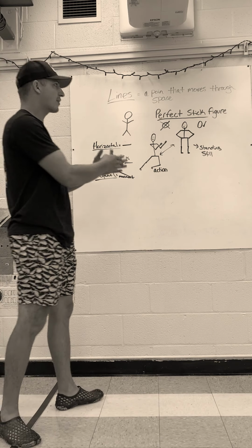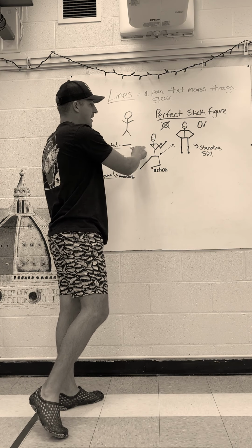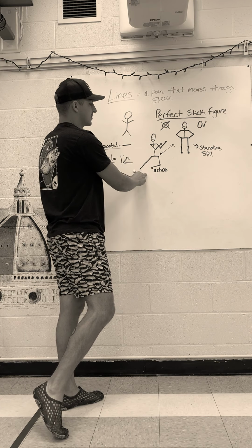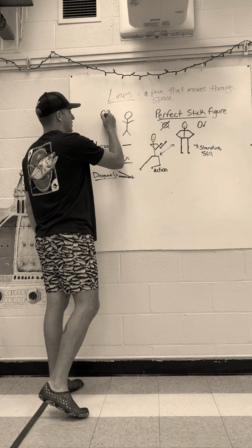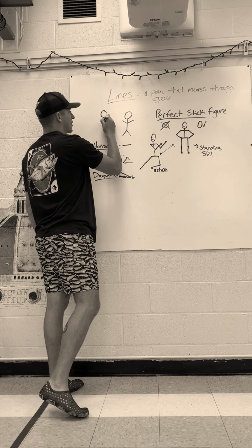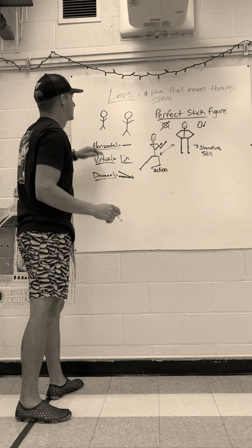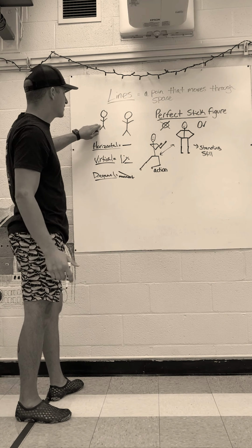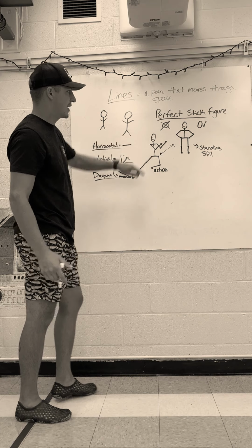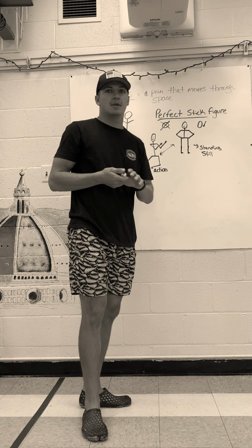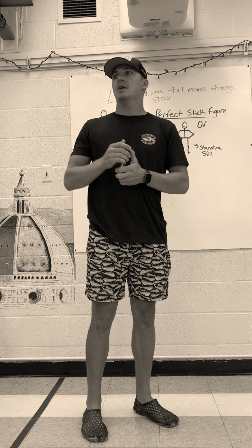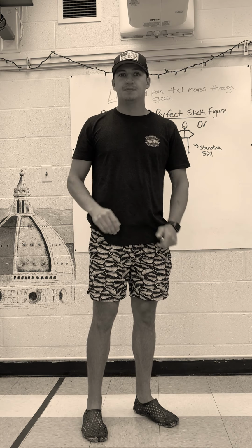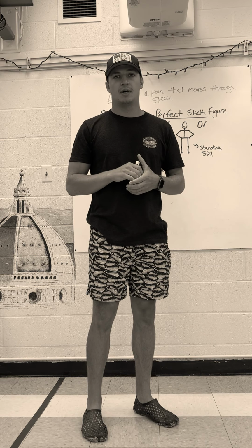They don't have to be perfect, but this is a better way to draw your stick figures to show motion than just the classic, all right, there's a circle, I'm gonna draw this, I'm gonna do 2 arms and then 2 legs. That's not very helpful, okay? We have our joints, we have our shoulders, we have our hips. So, at the end of this video, we're gonna go over and I'm gonna demo what we're gonna be doing for this first assignment.